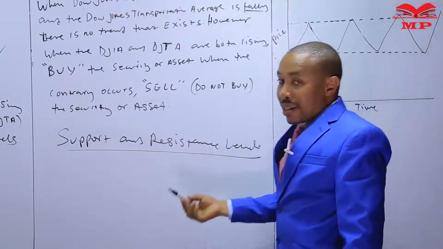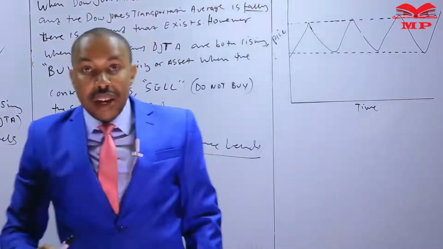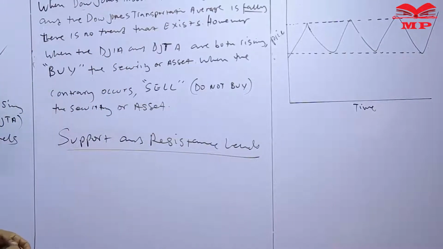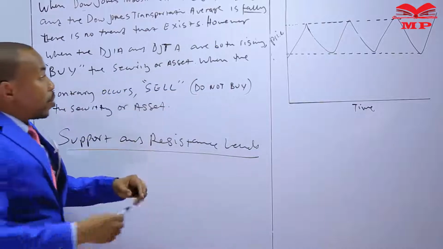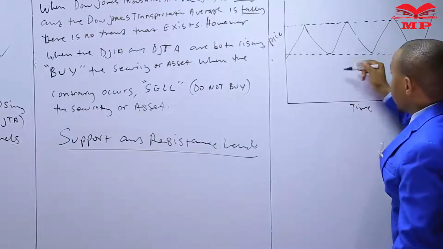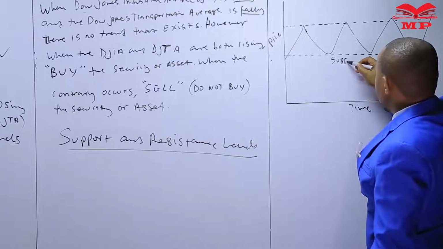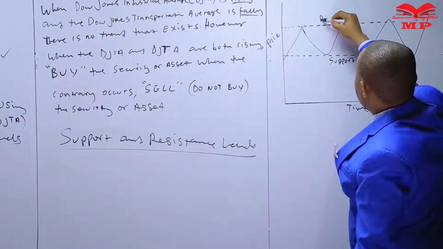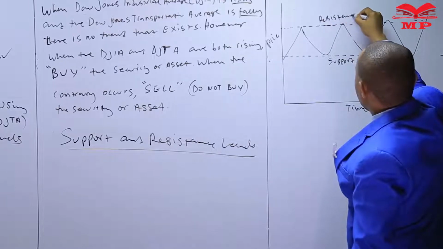So for us to understand the support and resistance level, just from the terms, we know that the support level is down there because it supports and prevents any further downward movement there. So this is the support level, and this is the resistance level.